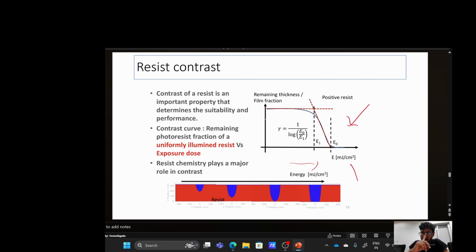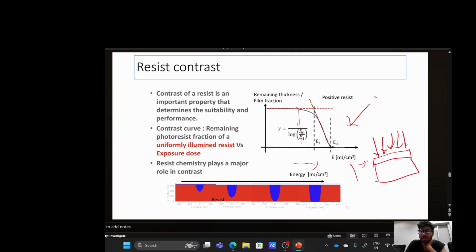How you can do this is, you have a substrate, over that you have coated the photoresist, and you allow light to fall on it with some energy. You can control this energy, in millijoule per centimeter square, from the instrument.